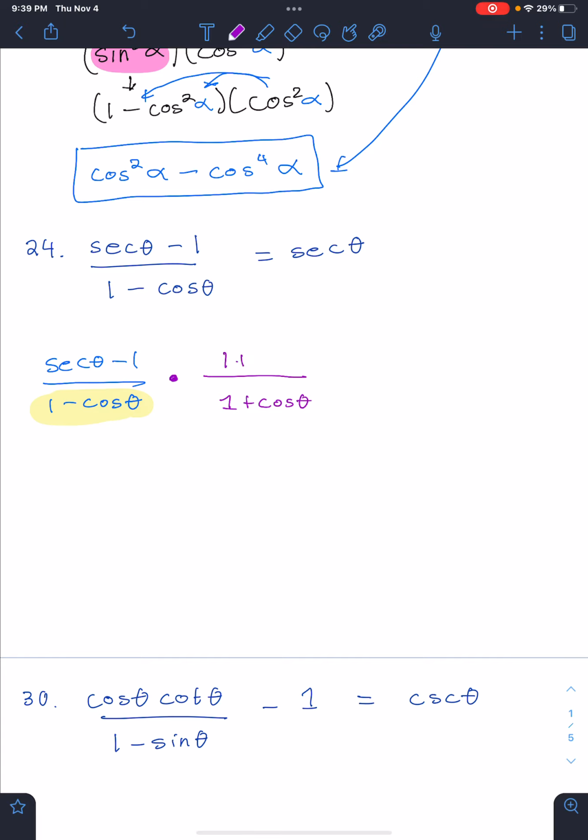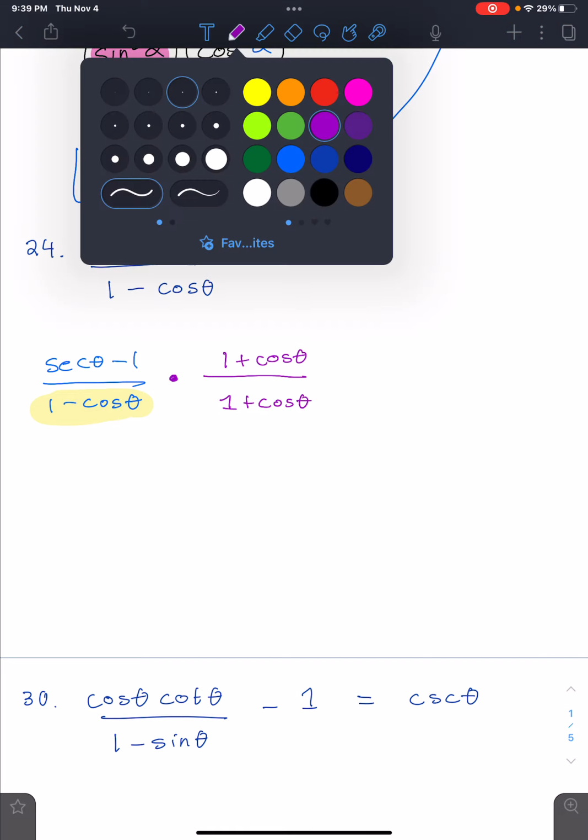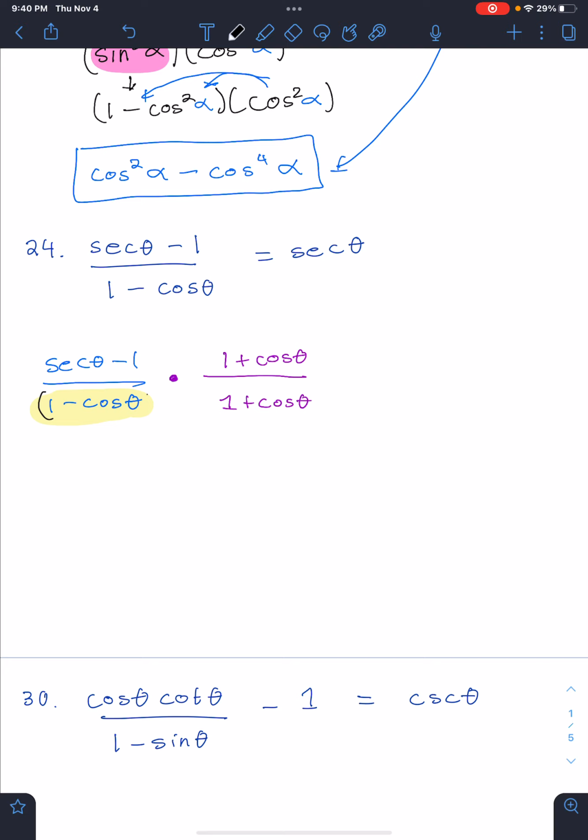And I'm also going to do the same thing to the top. You're probably wondering, why would you want to do this? Well, by doing this, I'm able to multiply the two bottom terms in order to get something squared. Because when we can get something squared, then we can start getting some identities that we like.